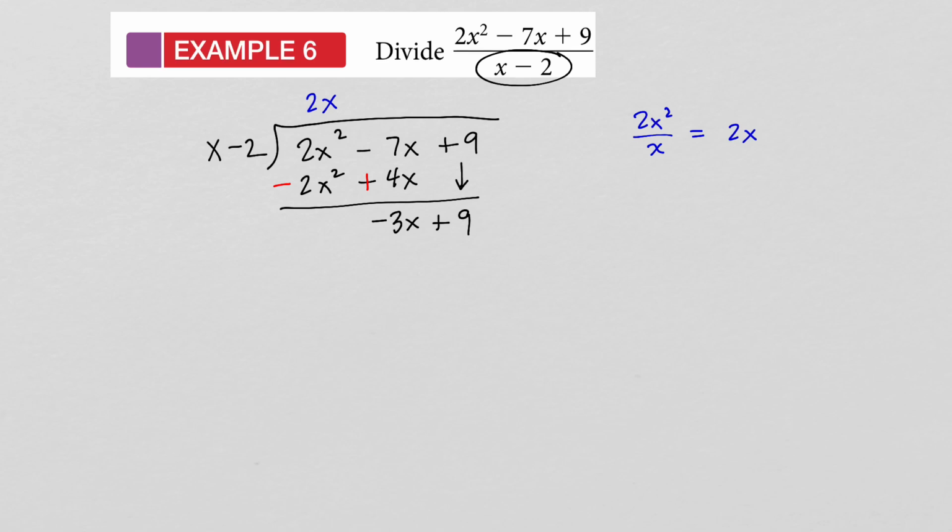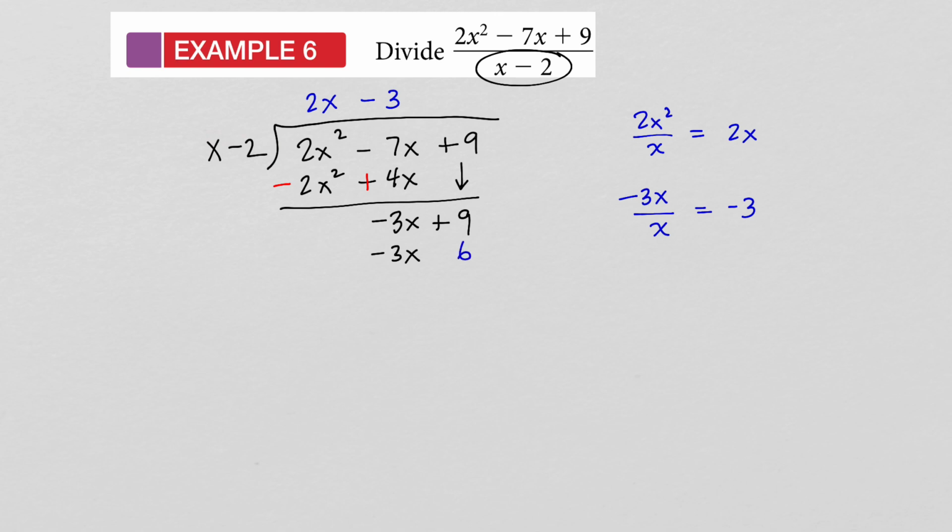So now we're just going to refocus on the first term here, which is x, and the first term here, which is negative 3x. So if I take negative 3x and I divide it by x, this is going to give us negative 3. So x goes into negative 3x negative 3 times. Now we're going to multiply negative 3 times x, which is negative 3x, and negative 3 times negative 2, which is positive 6.